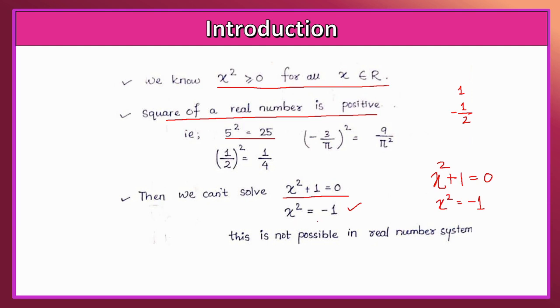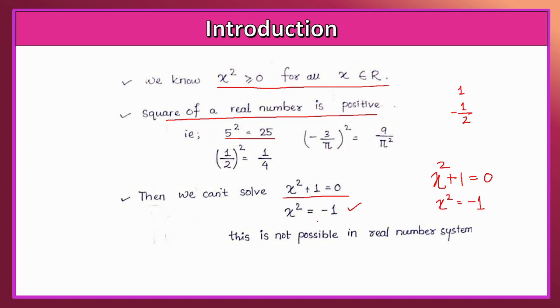What we saw in the real numbers at first place is that the square of a number is always positive when x belongs to real number. So if the equation is x square plus 1 equal to 0, how can this be possible? This is not possible in the real number system. Remember it: there is no real solution of the equation x square plus 1 equal to 0.